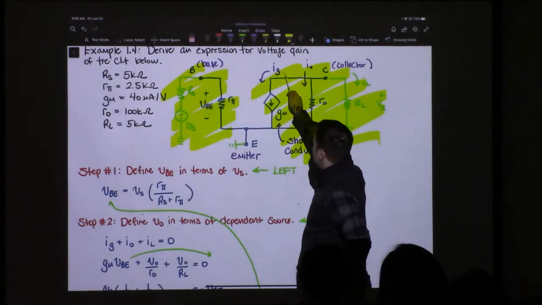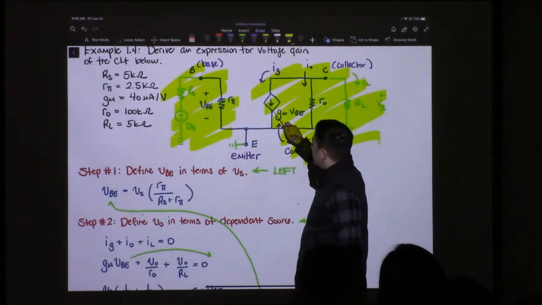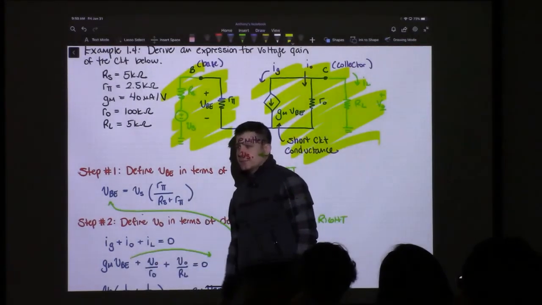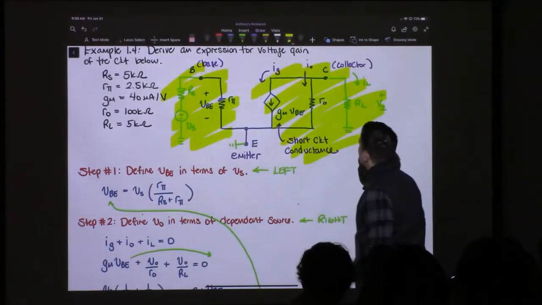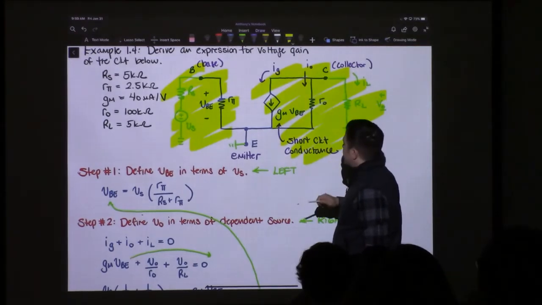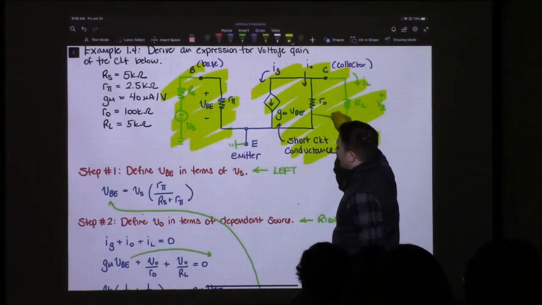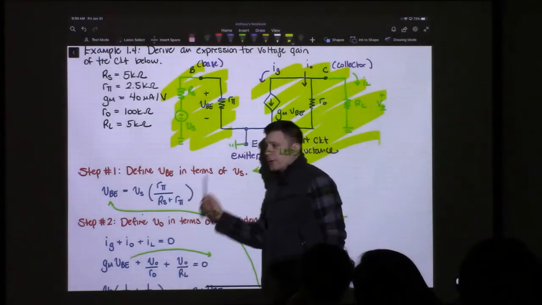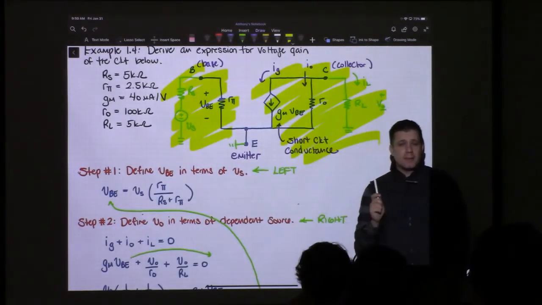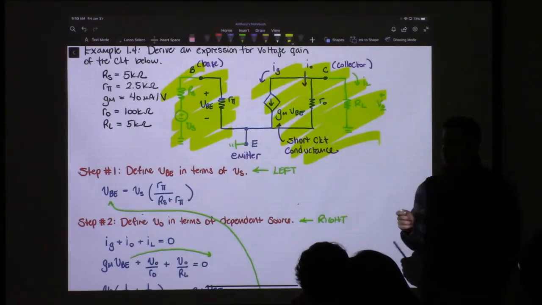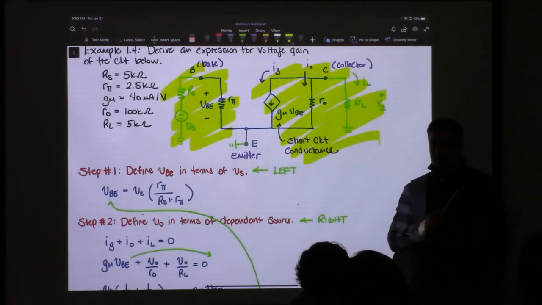What is IG? The direction of this agrees with the direction of this, so we have GM VBE. We plug that in down there, and this is going to be equal to VO divided by RO. Remember what the passive sign convention means and how that comes into play. Does everybody remember what the passive sign convention is?